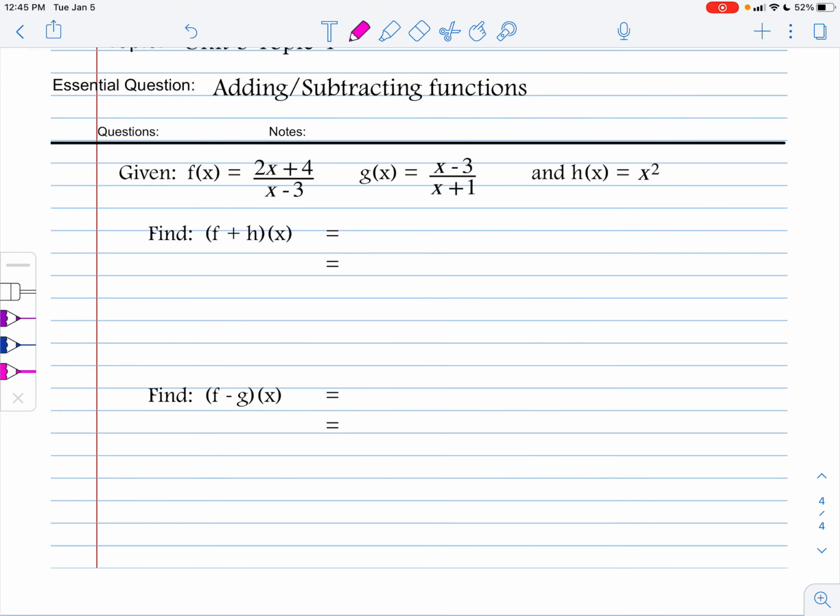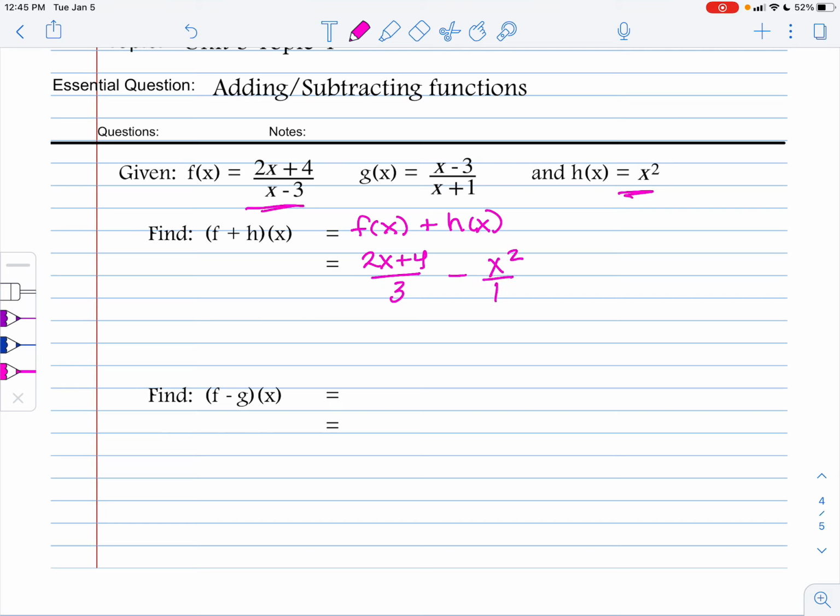So f plus h of x means I'm going to take f of x and add to it h of x. Look, that's this one and this one in this case. So f of x is 2x plus 4 over x minus 3, and h of x is x squared.